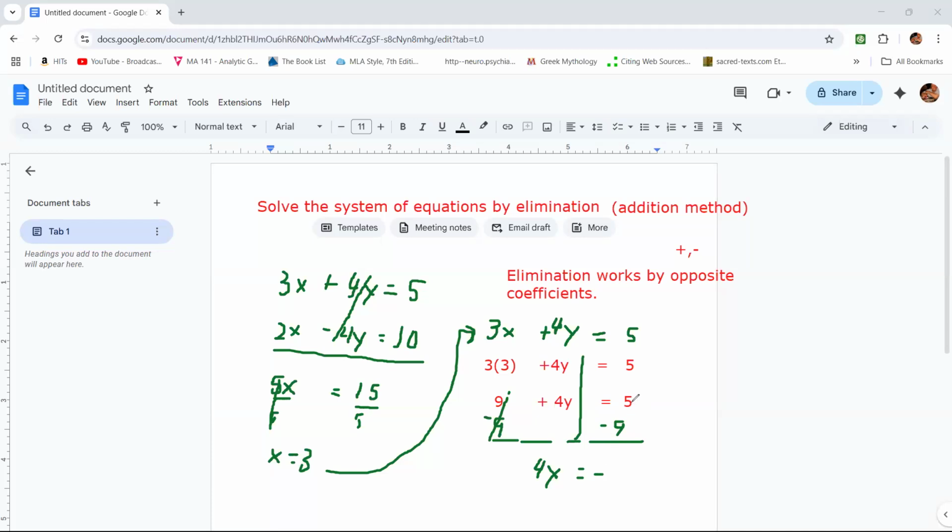And the difference is 4. If you need a visual for that, it looks like this. This is 5 positives, and then there are 9 negatives.